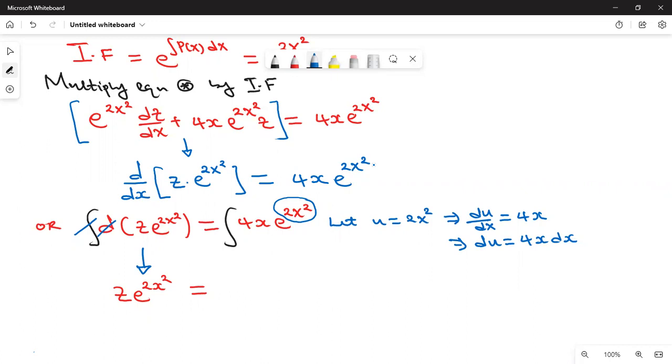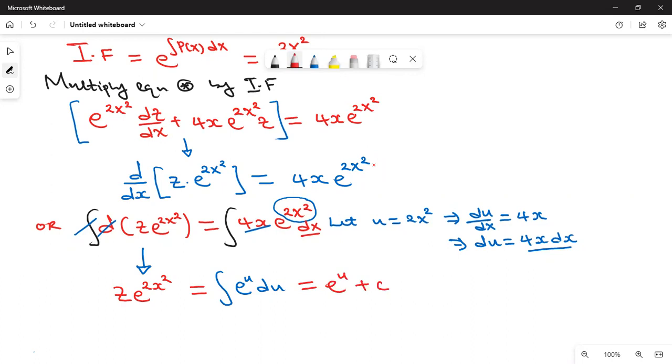So now, this can be written as the integral of exponential u du. Where we have 4x dx, that is du. When you integrate this, what do we get? Exponential u plus a constant c.